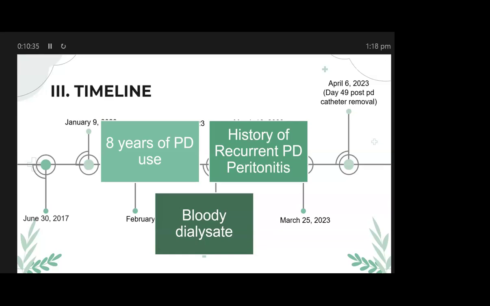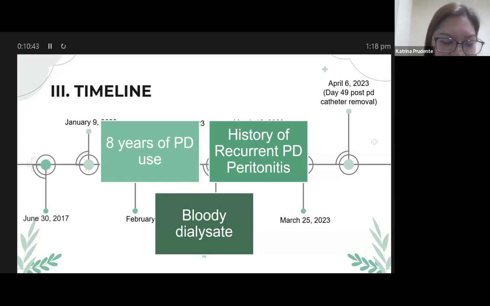To the question of the earlier doctor, is the patient still menstruating? The patient is currently menopausal, so no menses already. For the other diagnostics that we did, we ruled out fungal and TB peritonitis. We sent fungal culture and MTB GeneXpert, which turned out to be negative, po.